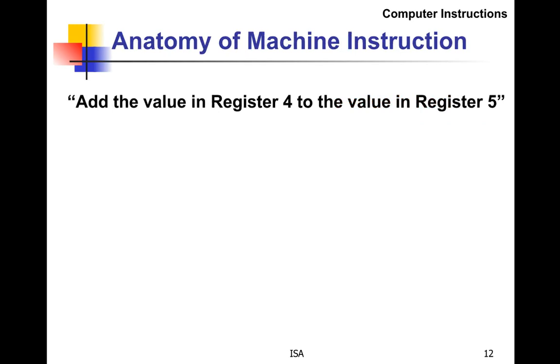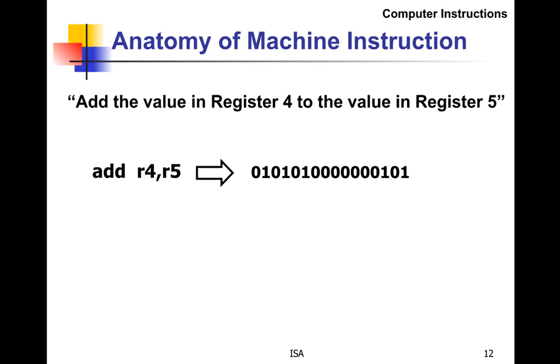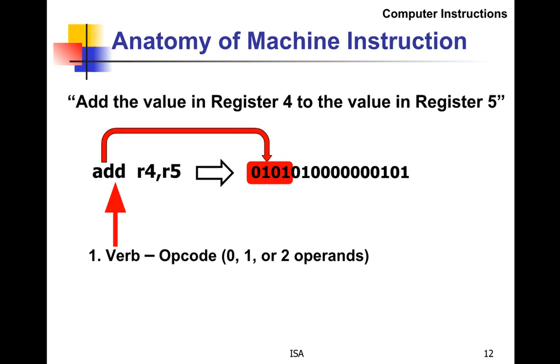So let's look at the anatomy of a machine instruction. The one we'll look at is add the value in register 4 to the value in register 5. So add R4, R5. What this does is take the value in register 4 and add it into register 5 and store that in register 5. So here's the machine code for that assembly code. The verb, the add, is the first 4 bits.